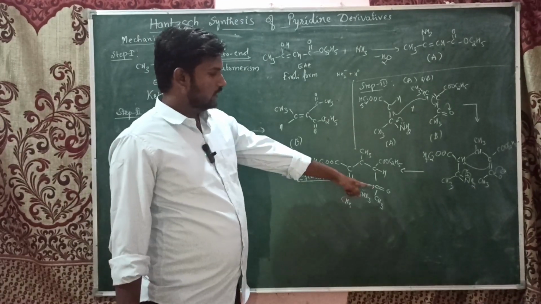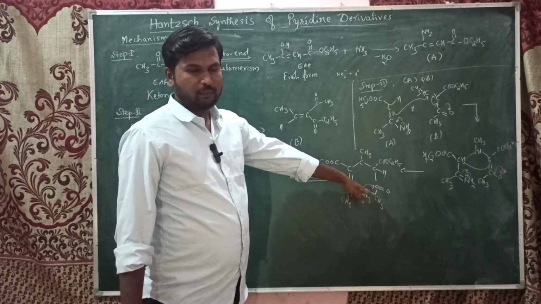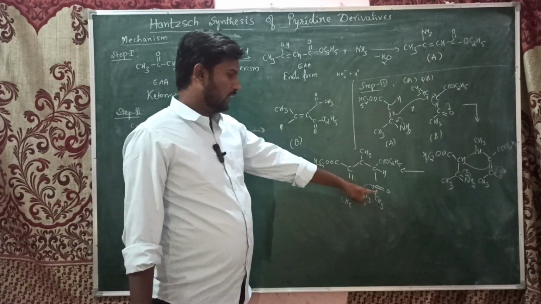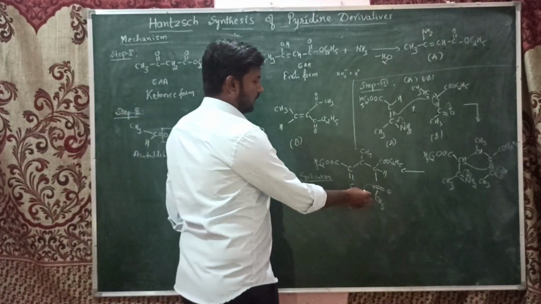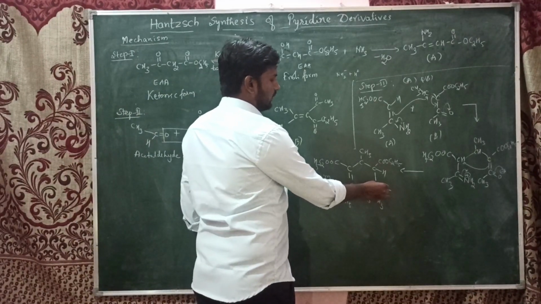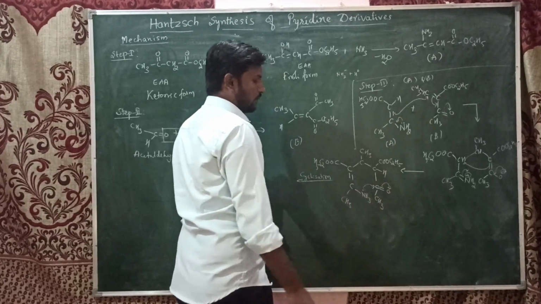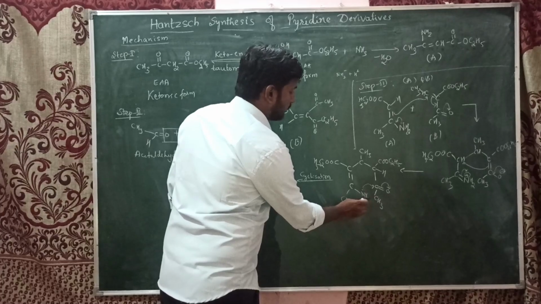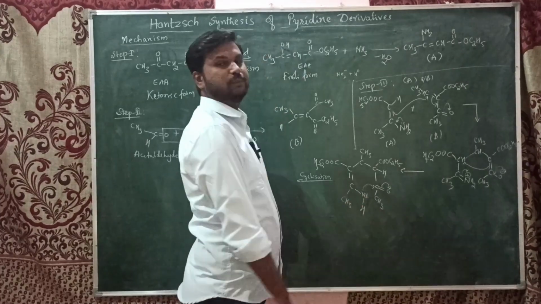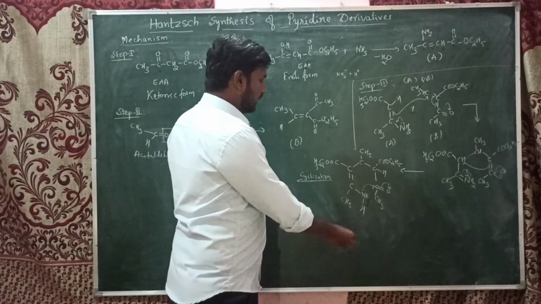This carbon has a delta positive because it is linked to the most electronegative element like oxygen. So when these electrons attack this carbon, these electrons will shift back to the hydrogen, but the electrons do not go easily. So one of the hydrogens has to be eliminated. So it will start with the hydrogen.